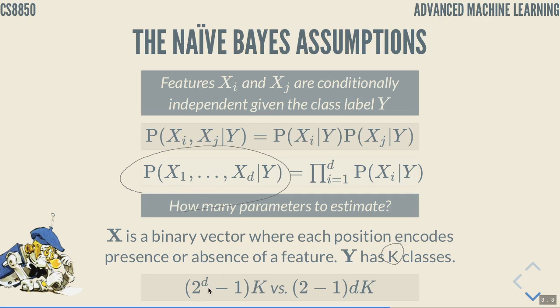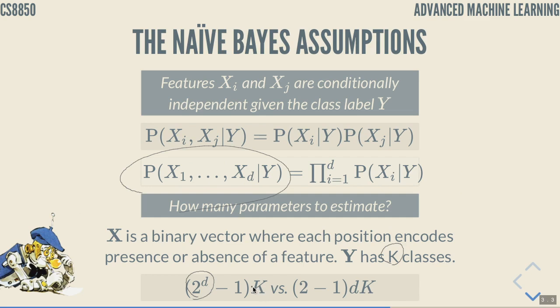For a binary vector, we need to estimate the probability of each possible setting of those X given Y. So for a binary variable, it's 2 to the power d, where d is the number of features, minus 1 for the degrees of freedom, because if we know the probabilities of everything but the last element, we can compute the probability of the last element as 1 minus the sum of all of those probabilities.